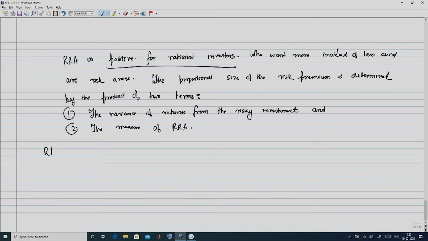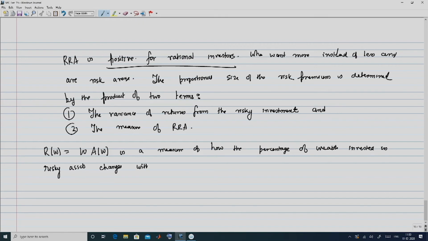Okay, so, the final punch line on this, so I will say that R of W, which you would recall is defined by W into AW, is a measure of how the percentage of wealth invested in risky assets changes with a change in wealth.